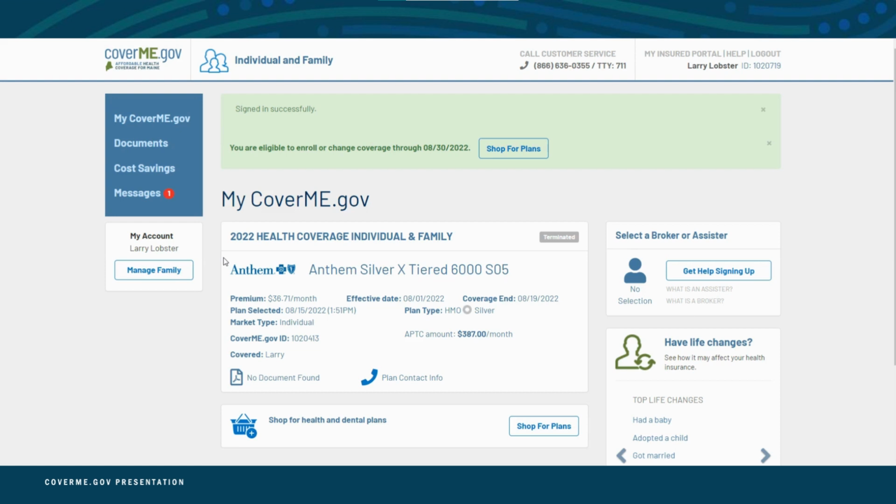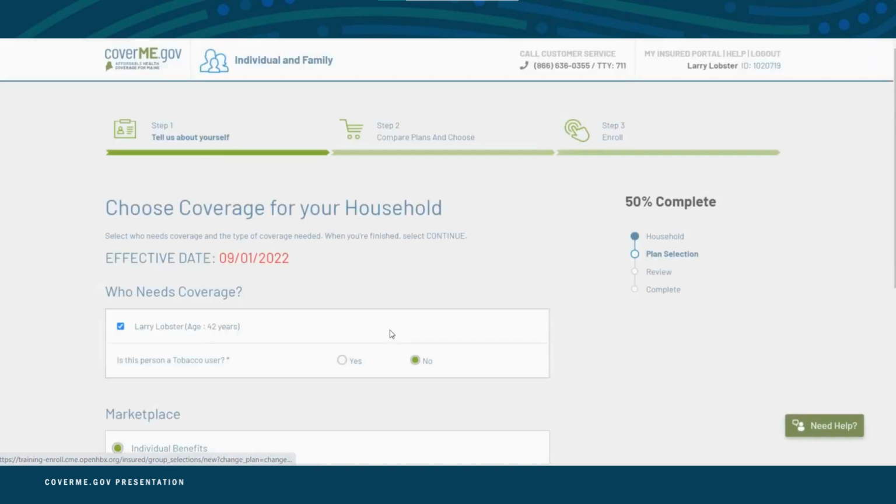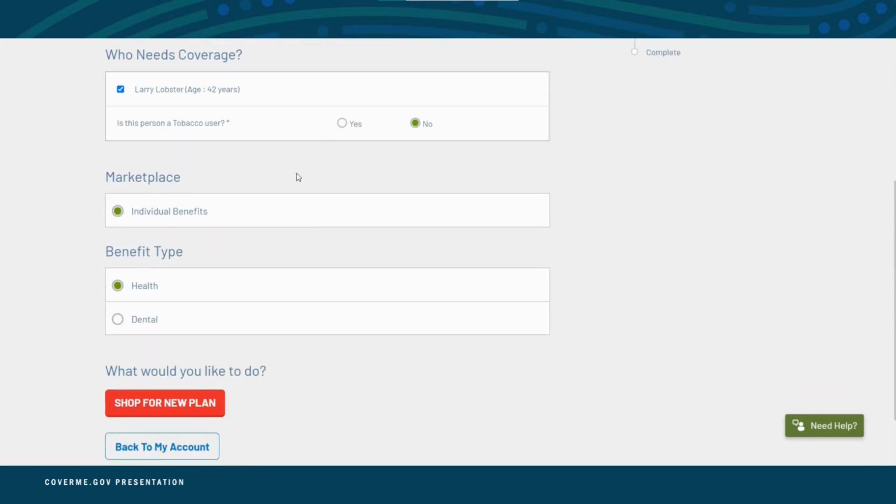To do so, the consumer will log into their CoverME.gov account and select Shop for Plans. They will then be taken to the Family Information screen to review their demographic information. Next, the consumer will select which family members need coverage and the type of coverage they are looking for, and then select Shop for New Plan.